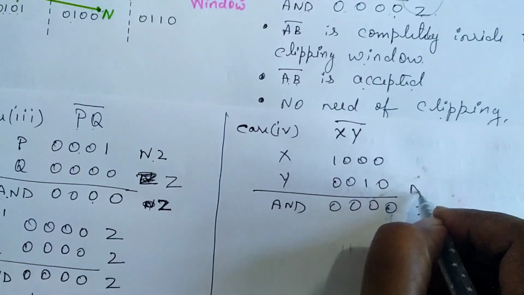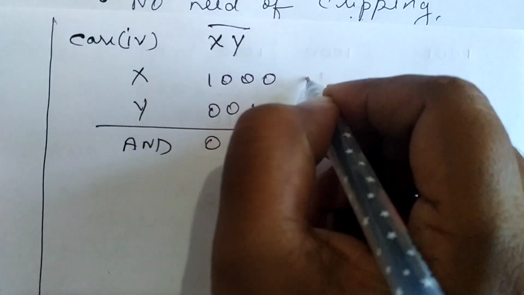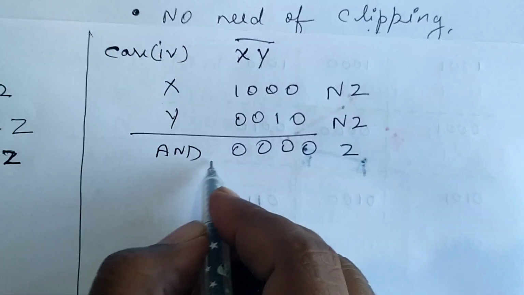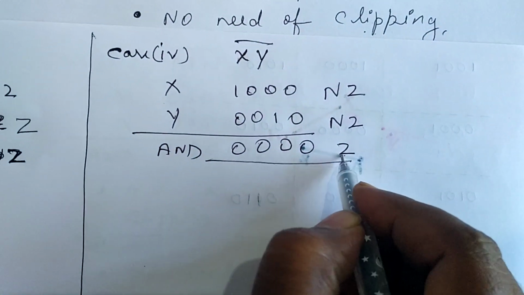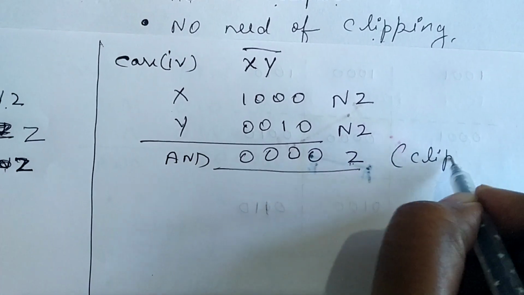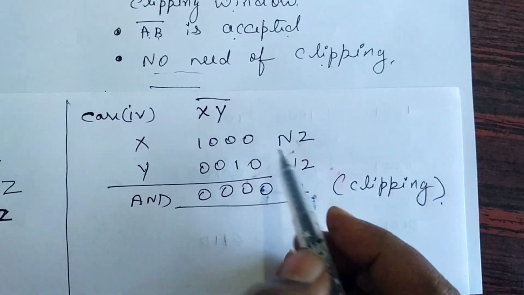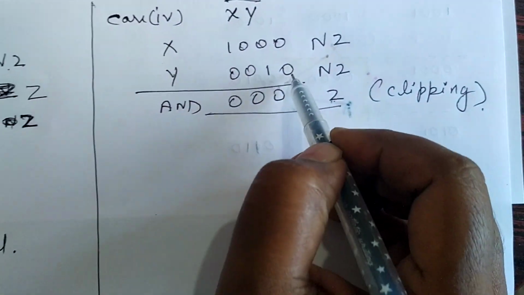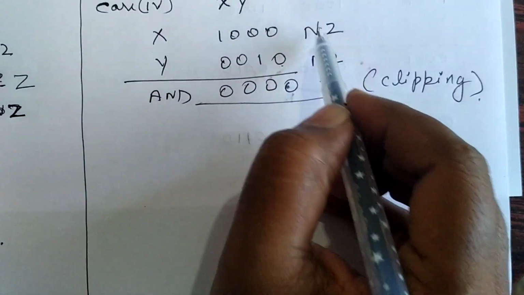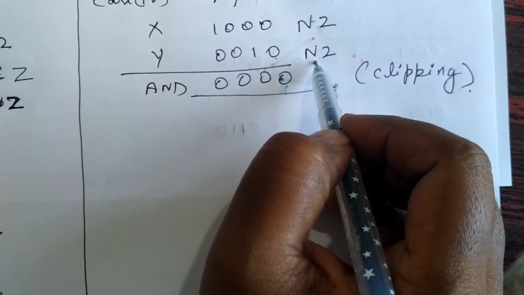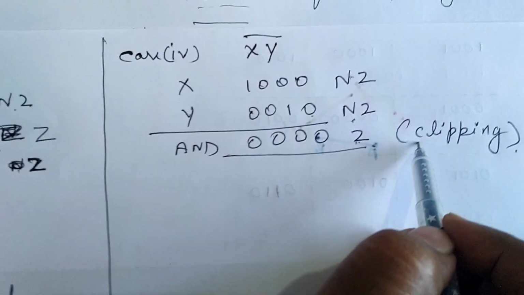So what is your result here? 0, but the endpoint codes are non-zero. When your AND operation is 0, you need to perform clipping here as per the algorithm. But in this case, the X region code and Y region code are non-zero, so we need to find intersections for performing clipping.